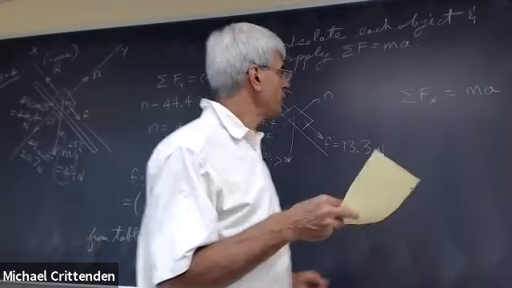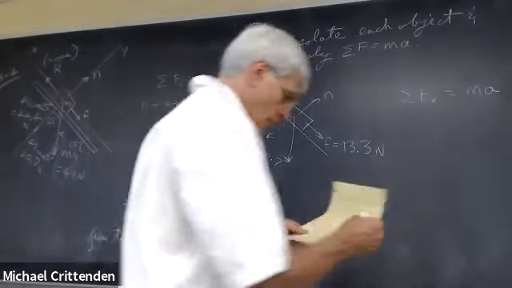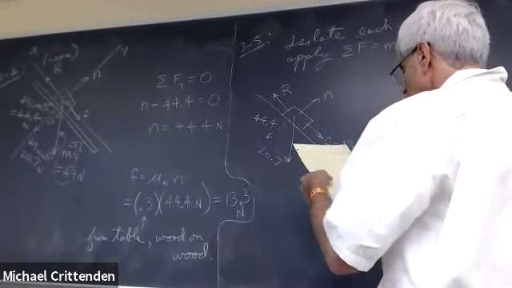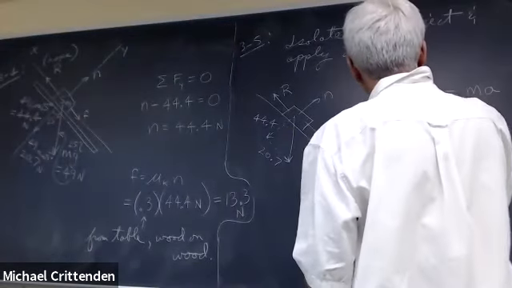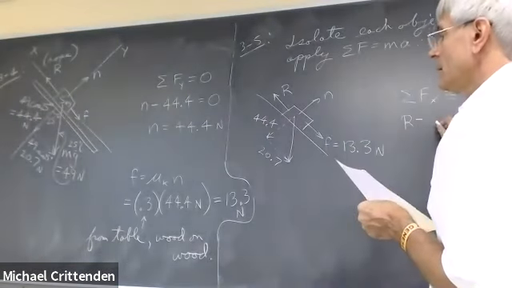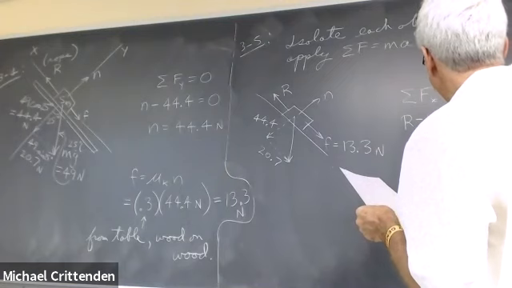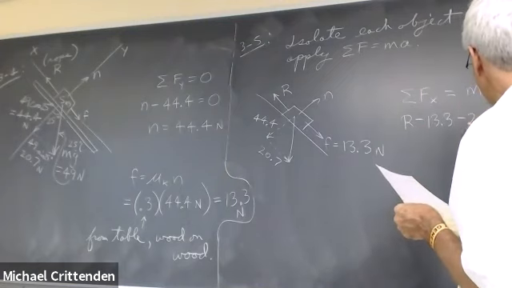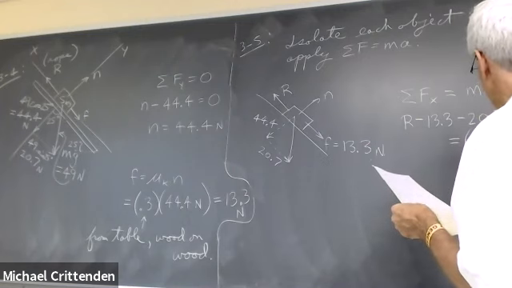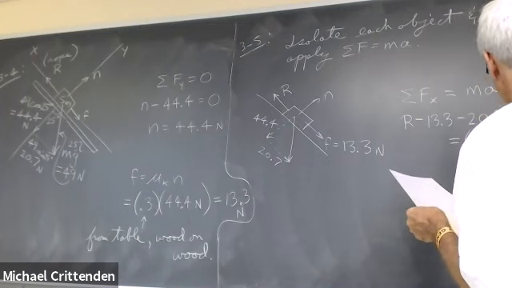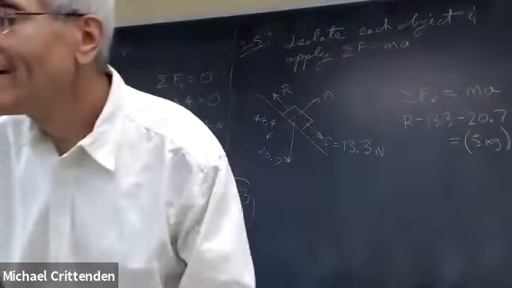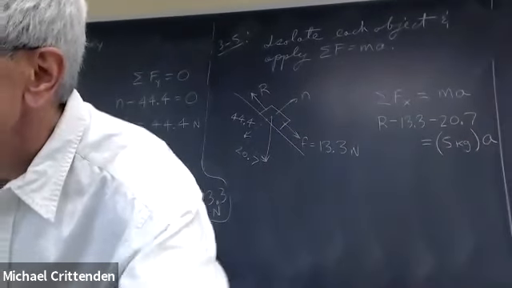Sum of the forces equals ma. So just like before, we've got the rope pulling uphill. We've got 13.3 pulling downhill, and we've got 20.7 pulling downhill. And that equals m times a.